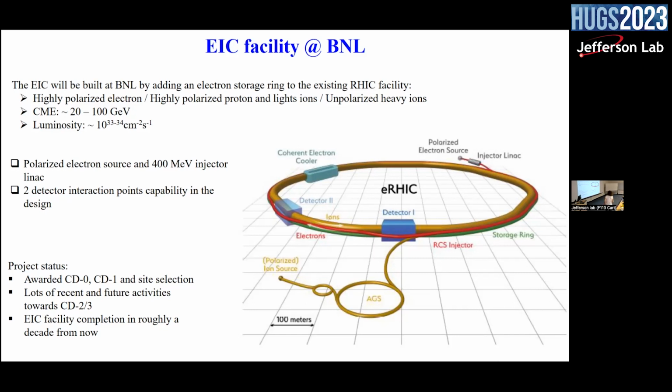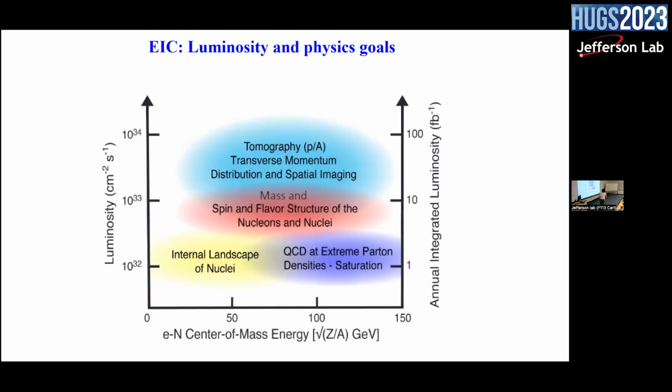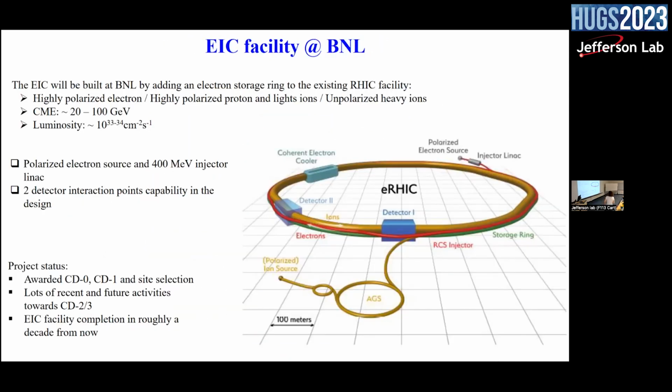And this setup will provide highly polarized electron and proton and ion beams with the center of mass energy between 20 and 100 GeV, and luminosity between 10^33 and 10^34. And this tells you why I was saying that it's challenging to do the measurements that we need to do for exclusive reactions and GPDs.